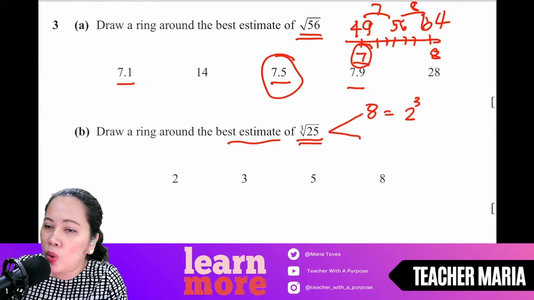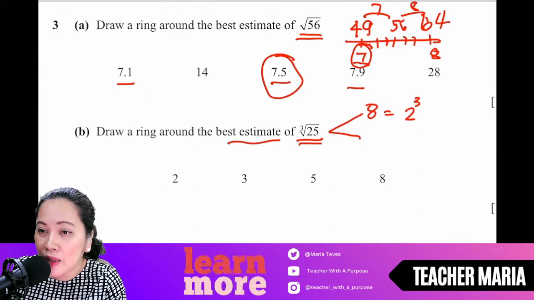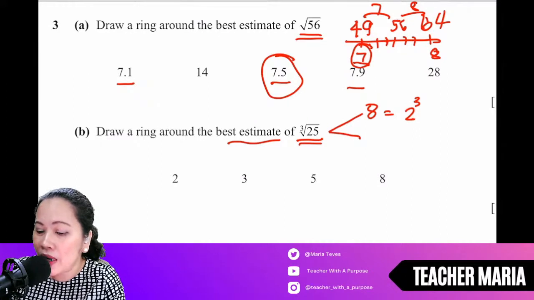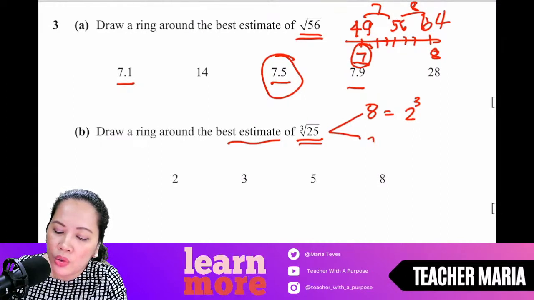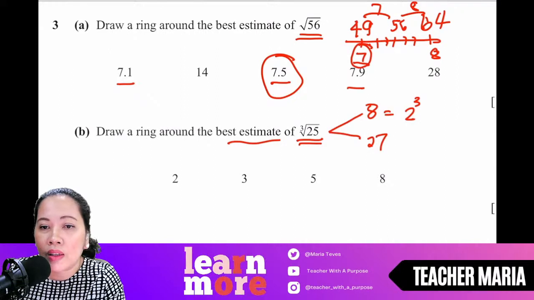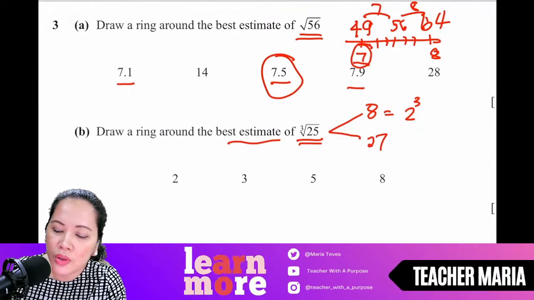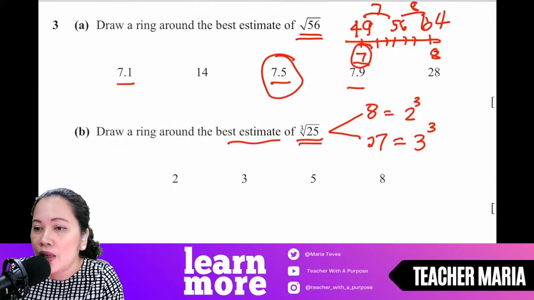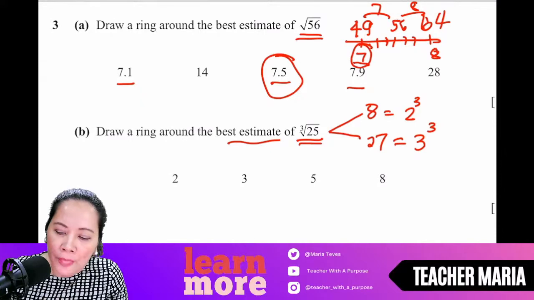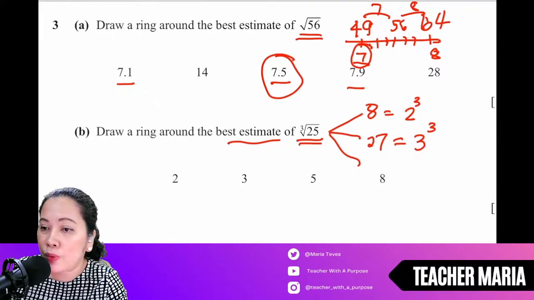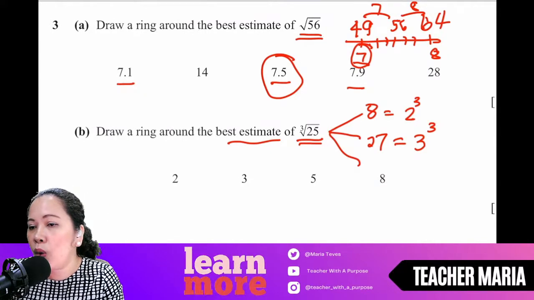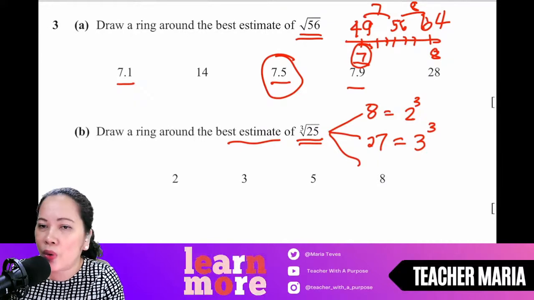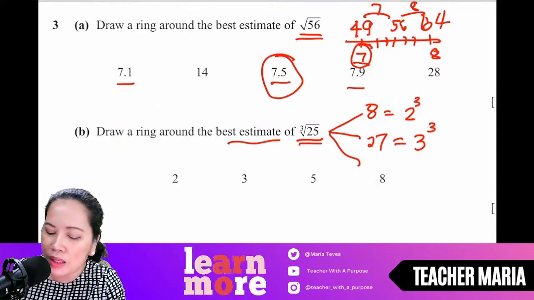So the next one will be 3 times 3, which is a 9, times 3 will be your 27. Right? So this will be 3 cube. The next one will be your 4. 4 times 4, which is your 16, times 4, that is way beyond.